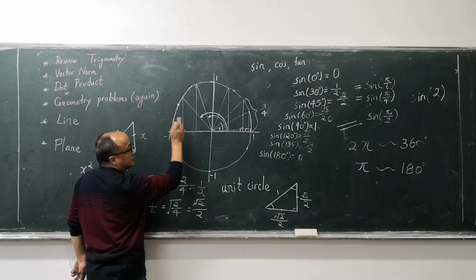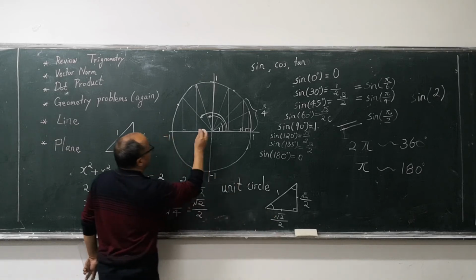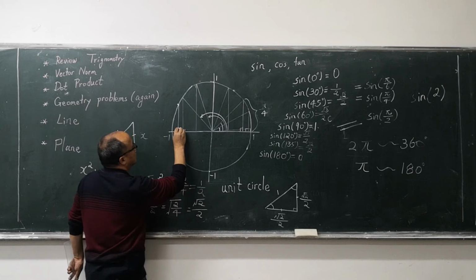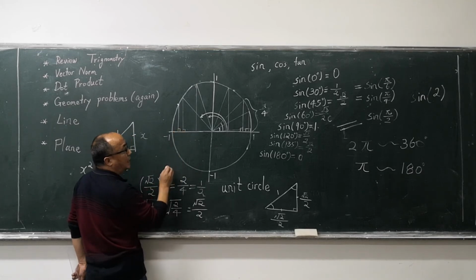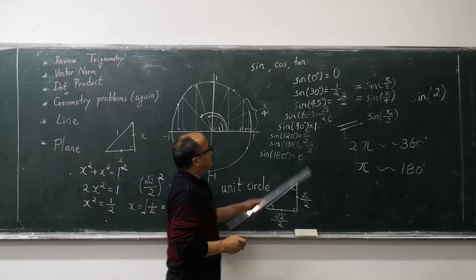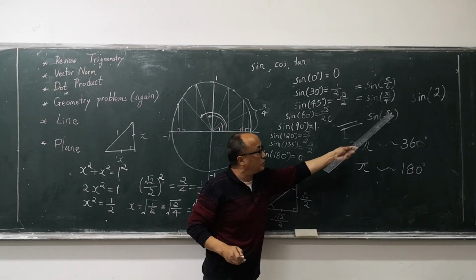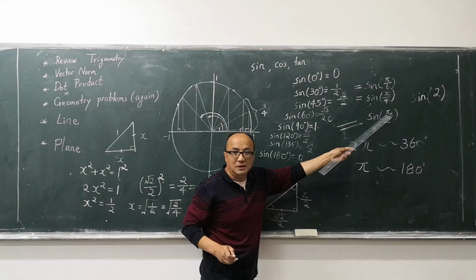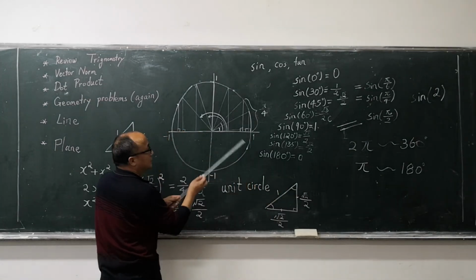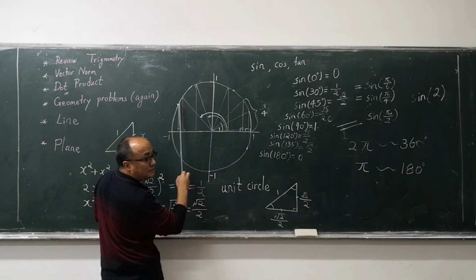And sine 2 is what? It is here. Okay, sine 2. Pi divided by 2 is 1.5 something, and we are at 2, so we keep going a little bit past 1.5.